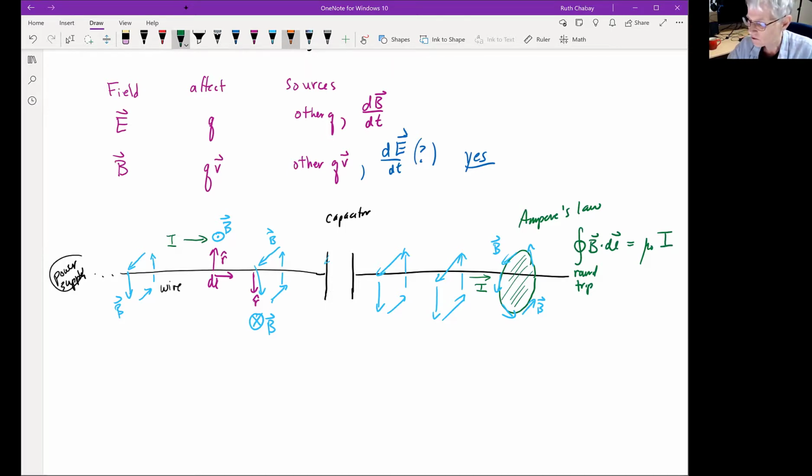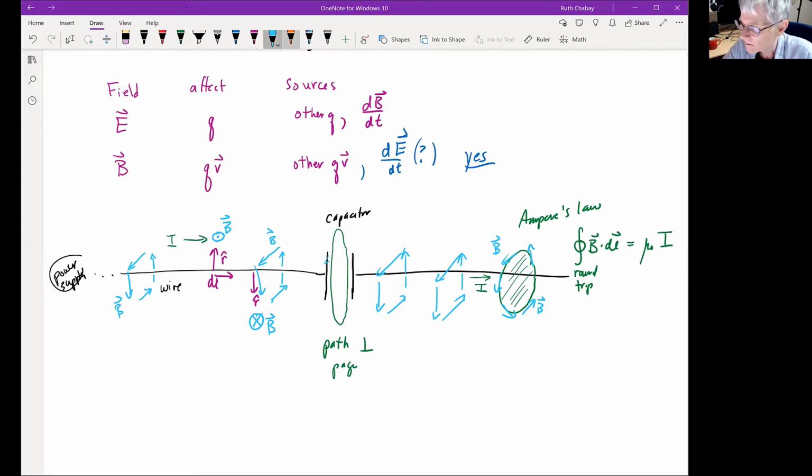So if we drew an Ampere's law path here, I'm trying to draw it so it's supposed to be a path perpendicular to the page, but I'm tilting it a little so you could see it.